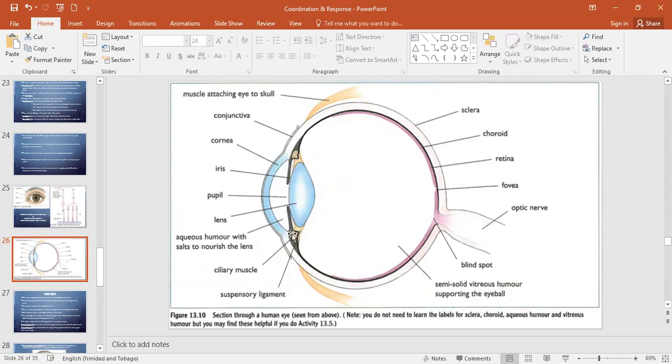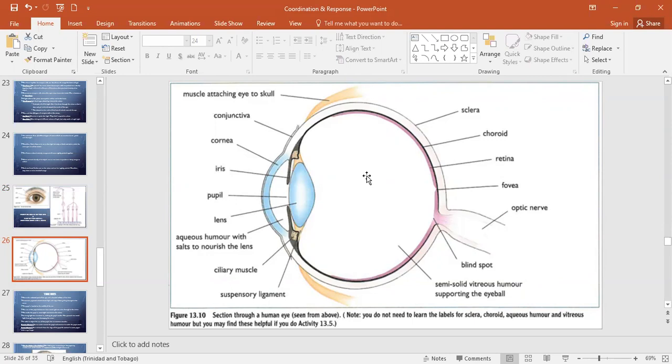You have ciliary muscles, which are responsible for contracting and relaxing to make your, sorry, not the pupil, your lens, larger or smaller, or fatter, in order to focus light accordingly.